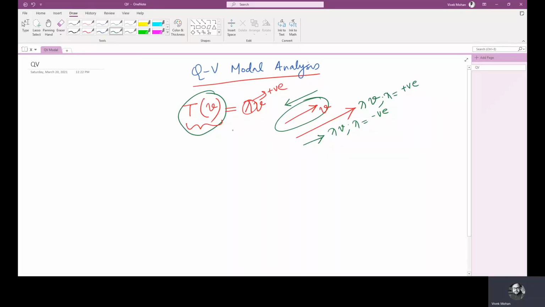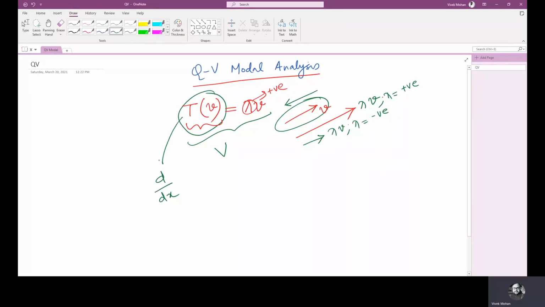Suppose this happens in a vector space capital V, and the mapping happens to itself, I mean the same vector space. If the mapping happens to different vector spaces, then the eigenvectors can take many forms. For example, the linear transformation could be a differential operator, which will look like d by dx.